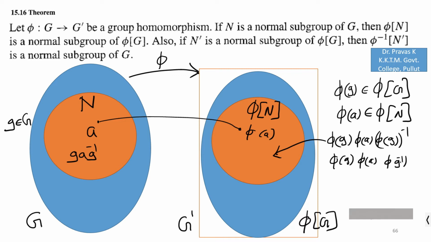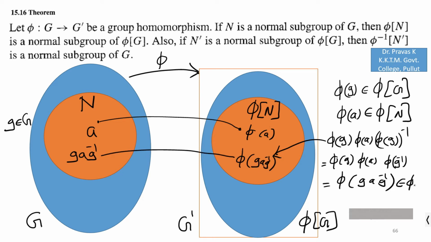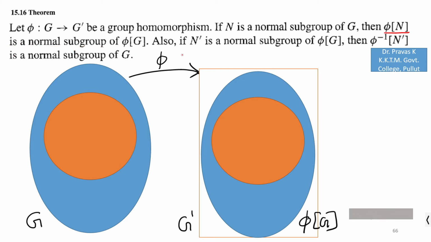Now this is the same as phi(g a g inverse). Since g a g inverse is in N, this phi(g a g inverse) must be in phi[N]. And hence we proved that phi(g) phi(a) phi(g inverse) is in phi[N], which proves that phi[N] is a normal subgroup of phi[G].